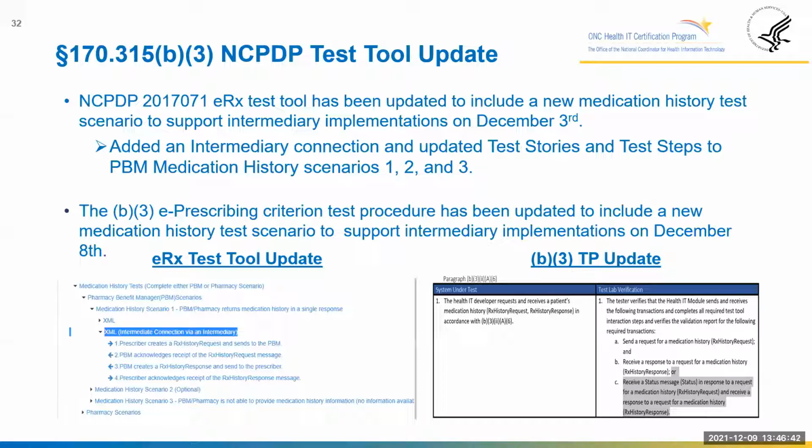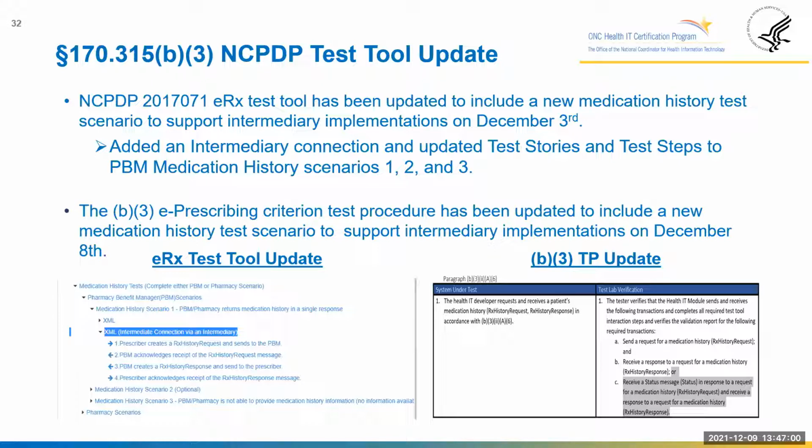PBM then creates an Rx history response with query data and sends back to the prescriber. And then prescriber responds with a status to the intermediary, and then through this intermediary to PBM to acknowledge the receipt of the response message.